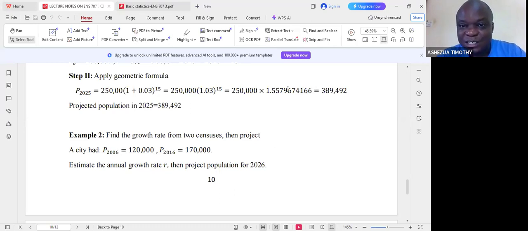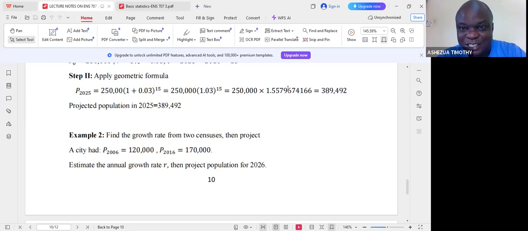If you truncate here, obviously you will have 1.6, and your result will be different from mine. Maybe those of you who got it differently just truncated at some point.